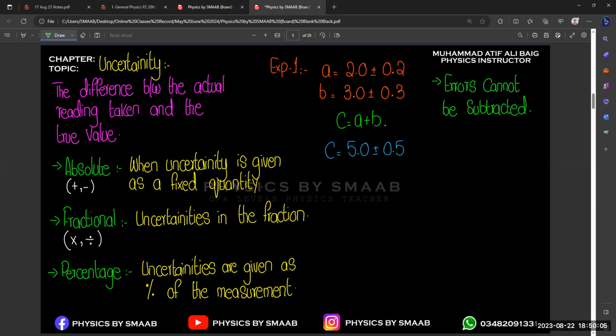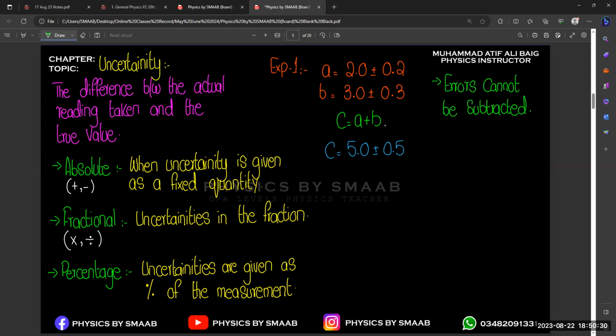The most important thing in this concept is that we are not able to subtract the errors, because if there is an error in your instrument, it will always be there throughout the experiment, even if you are performing the experiment with the zero error. Got the concept?